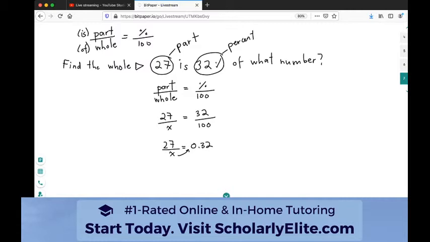So we're going to go 27 equals 0.32 times x. And we're just going to solve for x by dividing 0.32 from both sides.